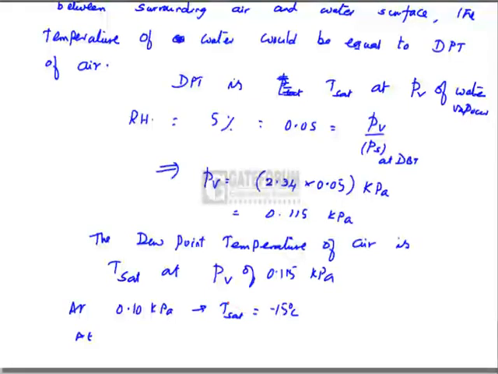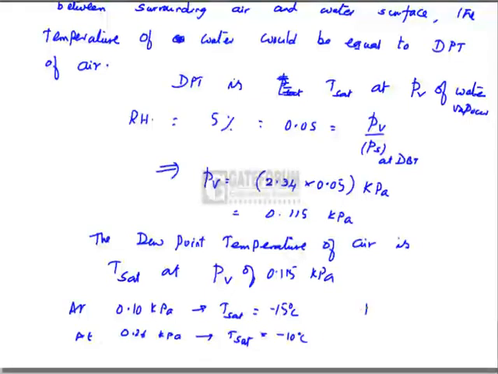At 0.26 kilopascal Tsat is minus 10 degrees centigrade.